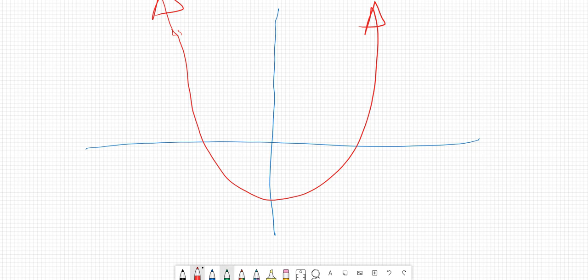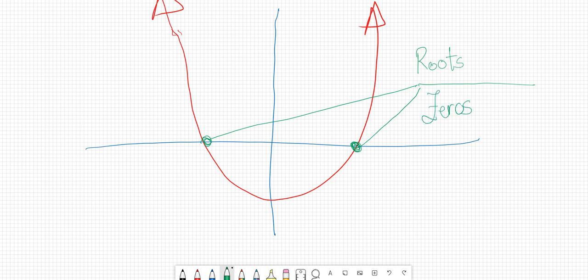But let us talk here about the definition of the point. At this point, it has several definitions. We could call it the roots of the equation, or zeros, or x-intercept.